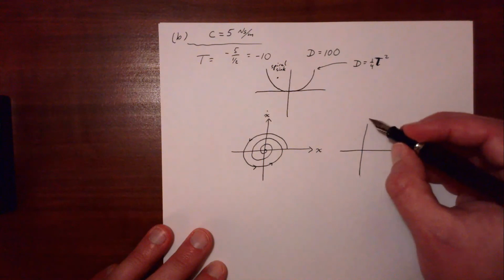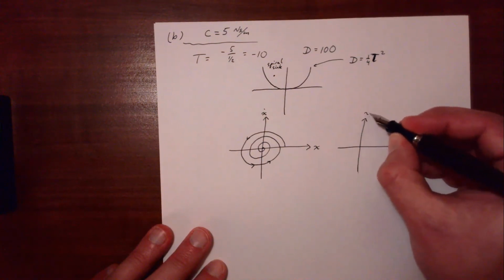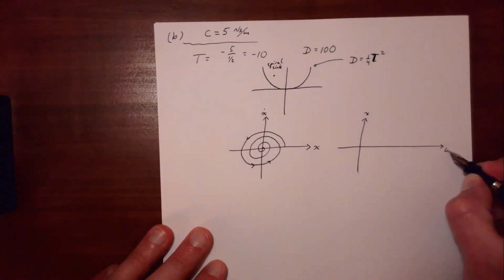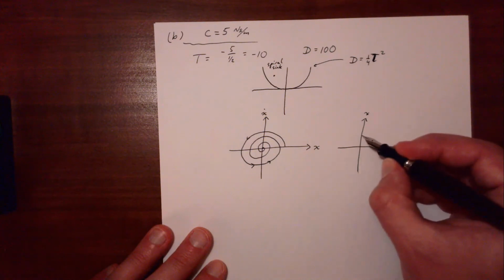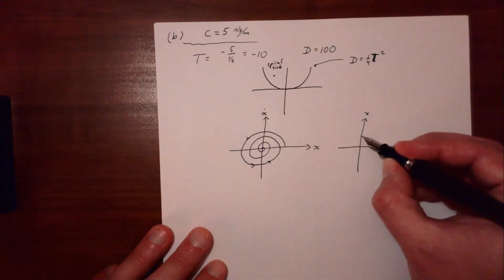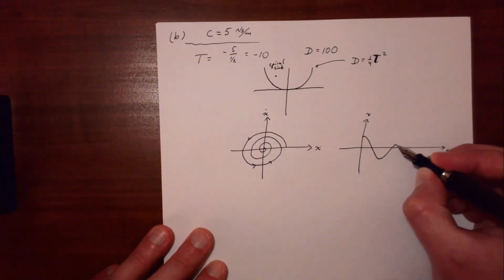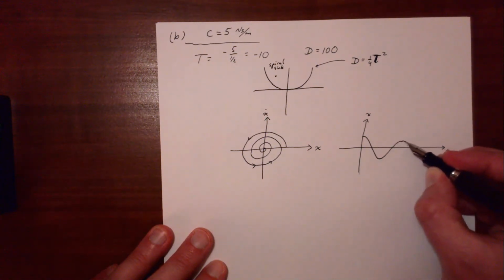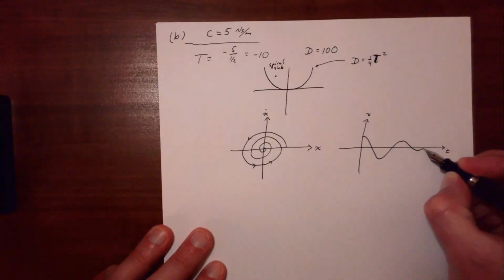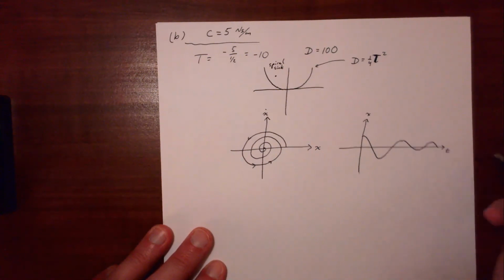And then if we look at just x versus t, what we would be seeing here is it going through oscillatory motions of less and less and less amplitude.